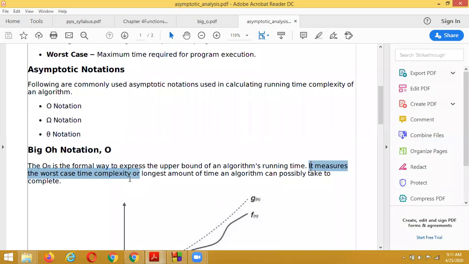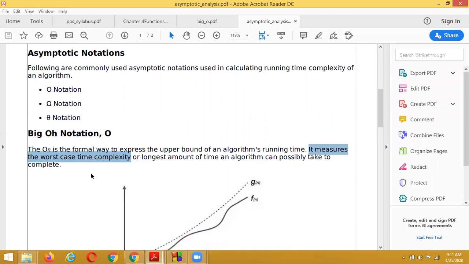It measures the longest amount of time an algorithm possibly takes to complete, and such a representation uses the notation big O. If a functionality takes more time than the expected time, that time complexity is represented by the word big O.